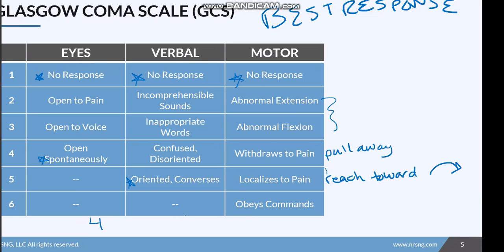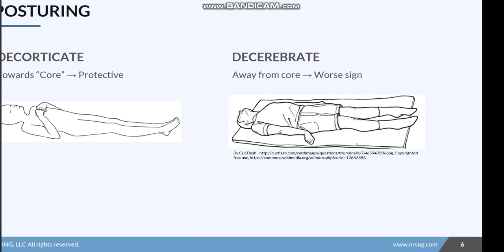So overall, we have possibility of 4 plus 5 plus 6, which is 15. A person with a GCS score of 3 is in a coma, and 15 would be like you and me, normal, expected finding.